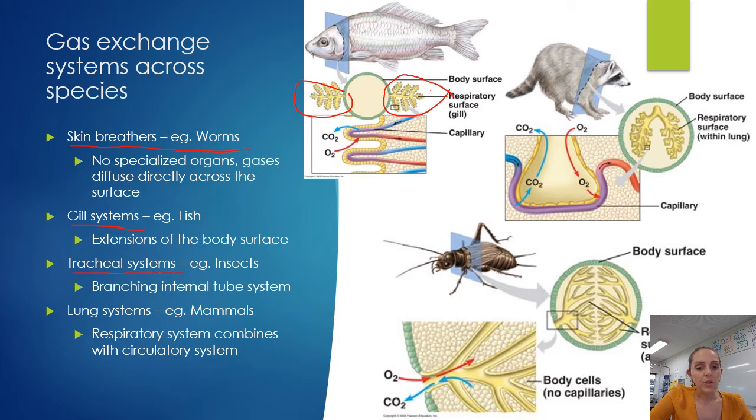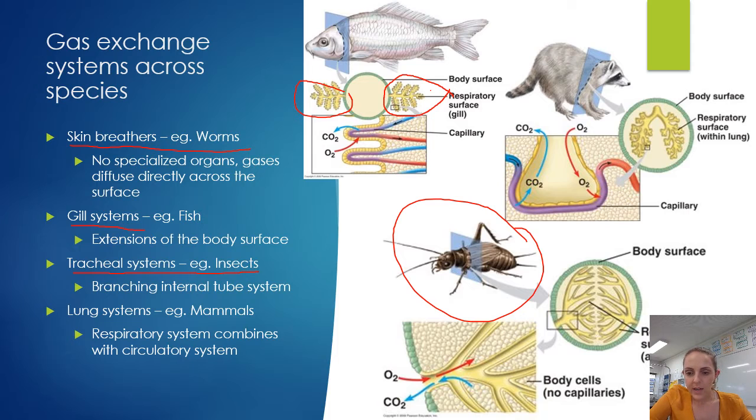Now, there's also a tracheal system, which is present in insects. And if we have a look at this cockroach down here, their systems are like an open system. So rather than having an internal circulatory system where you've got blood moving through veins and capillaries and arteries, the insect has a tracheal system, which is made of tubes that connect to the external environment.